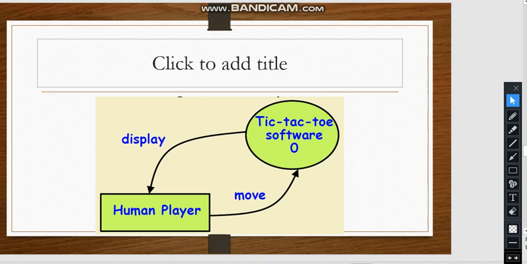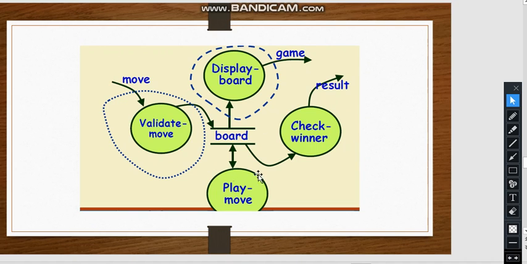This is the context level diagram for the tic-tac-toe software, where we have a human player, which is the external entity, interacting with the software, and we have the tic-tac-toe software. Why is there 0? Because it is a 0 level diagram or the context diagram. Now this is your level 1 diagram, where first the move is done.